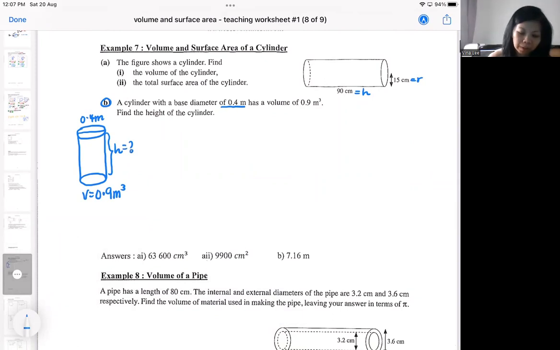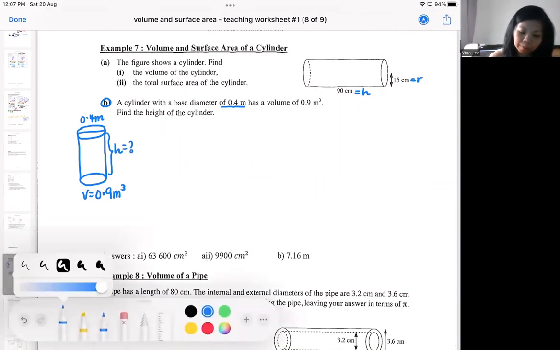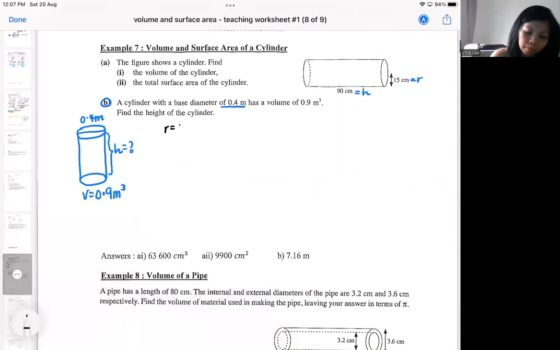I'm going to set up the formula first. So I'm going to get my radius. I'm going to set up my volume of cylinder. Volume of cylinder is pi r squared times h.